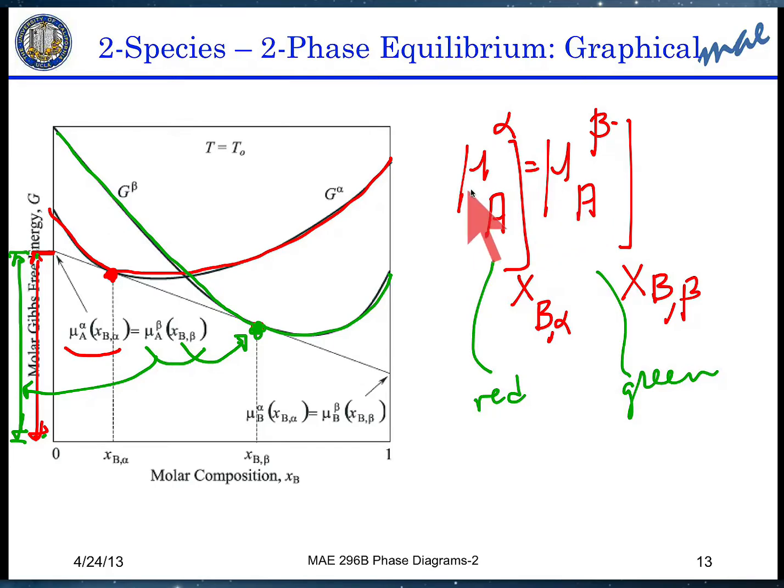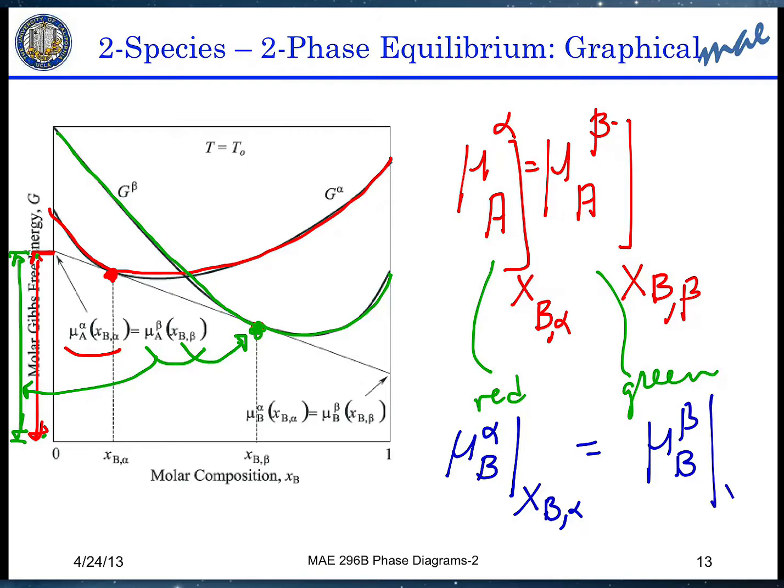And this equation is in A. We can write another equation in B in the following sense. So we can write another equation that tells us mu of element B in phase alpha evaluated at x sub B in phase alpha is equal to mu of element B in phase beta evaluated at x sub B in phase beta.